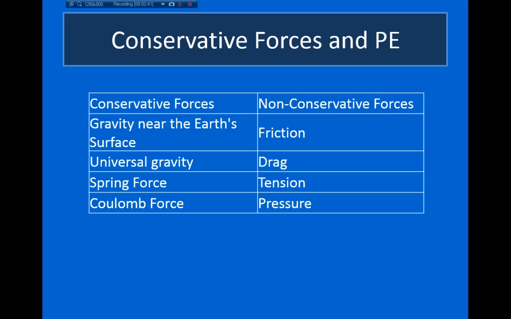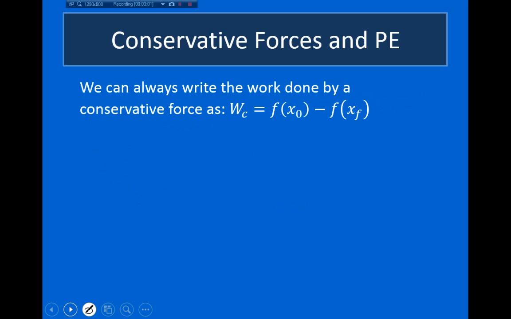Examples of non-conservative forces are things like friction, drag, tension, and pressure. You'll notice that some of these things, like friction and drag, tend to slow objects down. These are things that aren't going to conserve energy. So that's where these terms come from. Conservative forces will tend to conserve energy. Non-conservative forces will not conserve energy.